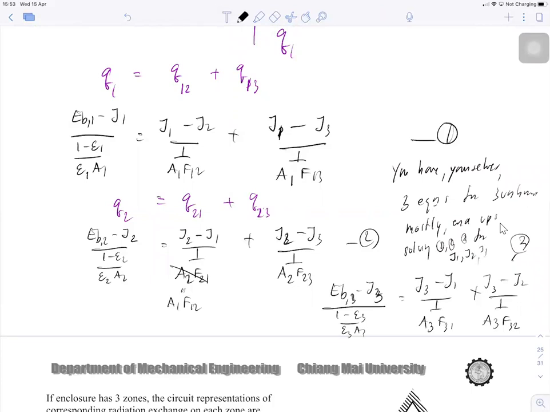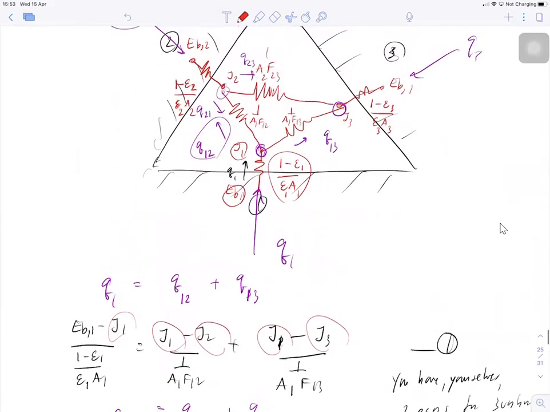That's what you don't know. You have to find J1, J2, J3 from these equations. You have three equations for three unknowns, right? So this is the whole concept.